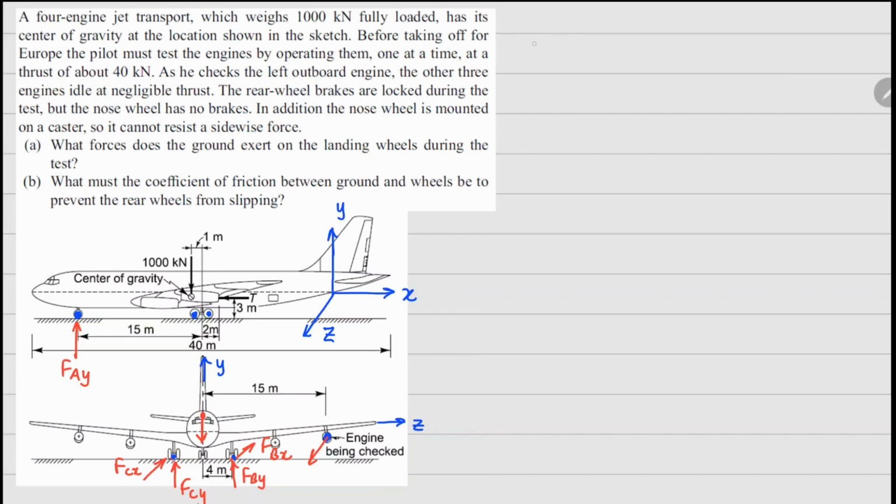Okay, so first thing first, we can do the force balance on this. So if you do the force balance in the X direction, we can write FCX plus FBX equals 40.